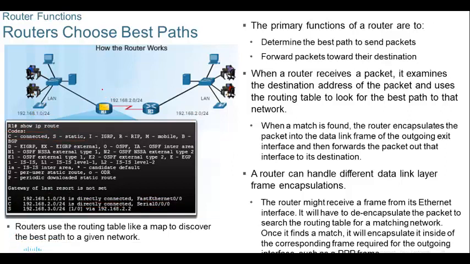This is the address of router 2. Just send it to this router. And once this router receives the packet, it finds that 192.168.3 is in this direction. It will deliver, it will forward the packet in that direction. So that is how the packets are moved from one hop to the other.